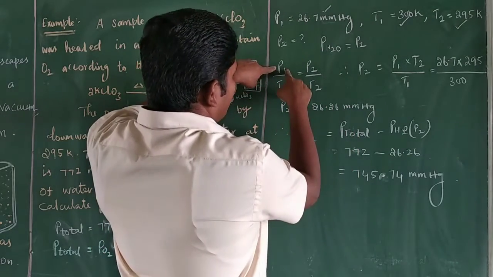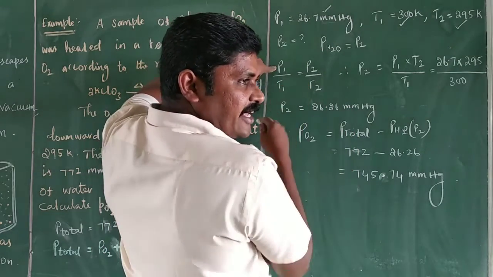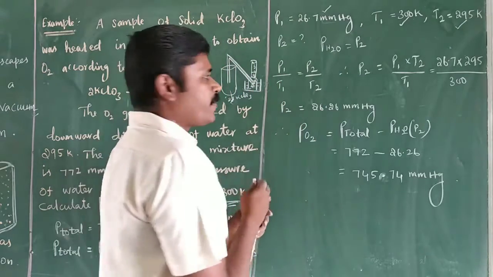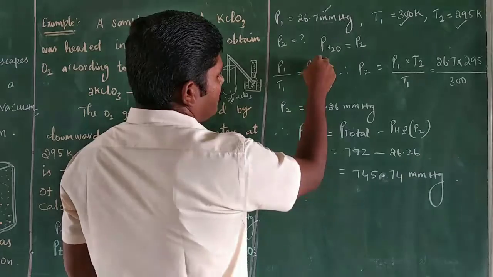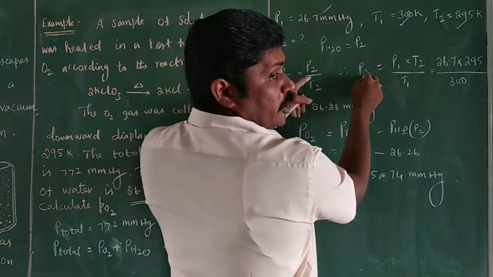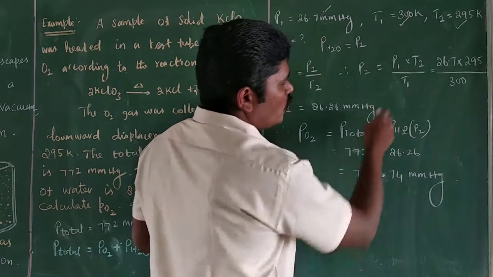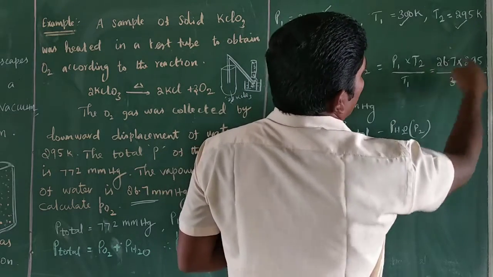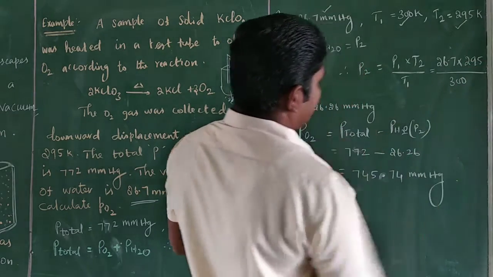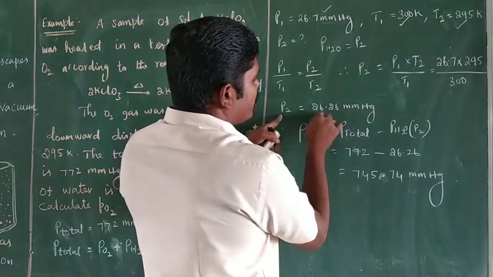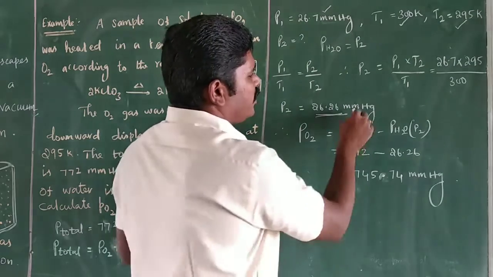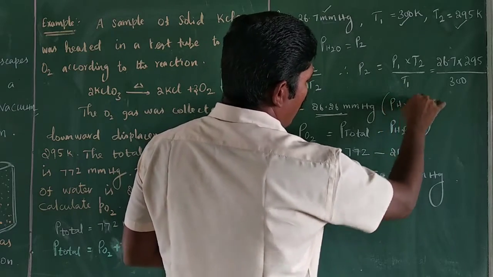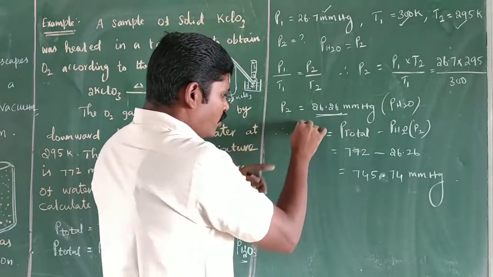Pressure is directly proportional to temperature. So P1/T1 is equal to P2/T2. Therefore P2 is equal to P1 times T2 by T1, that is 26.7 times 295 divided by 300. So P2 is equal to 26.26 millimeter of mercury, which is PH2O.